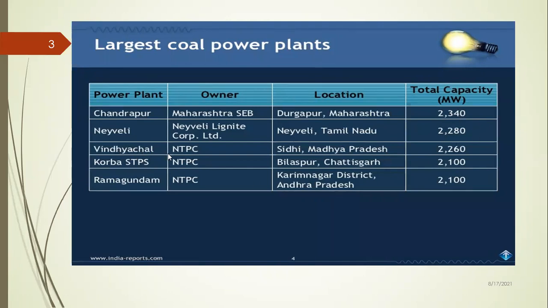Okay, and this Vindhyachal NTPC comes under Madhya Pradesh, having the capacity of 2,260 megawatts. And this Korba STPC also comes under NTPC. So in Chhattisgarh, this has the capacity of 2,100 megawatt. And similarly Ramagundam is also under NTPC. So in Andhra Pradesh, this plant also has a capacity of 2,100 megawatt. So these are some of the main high capacity power plants.